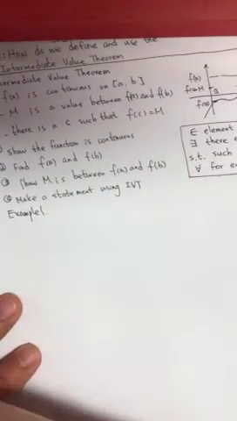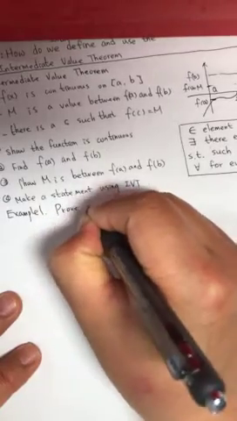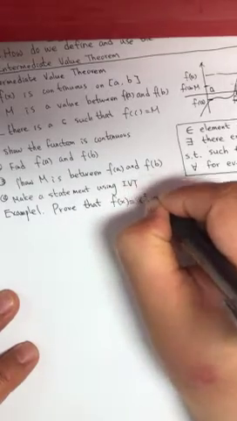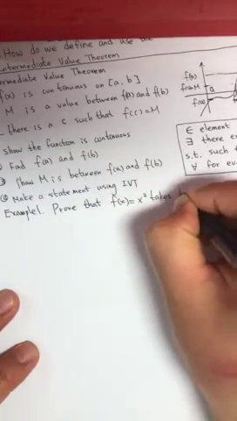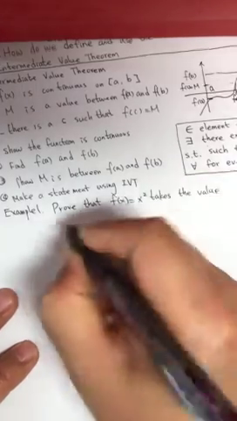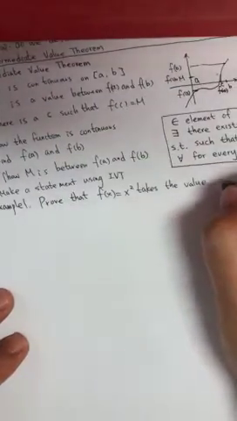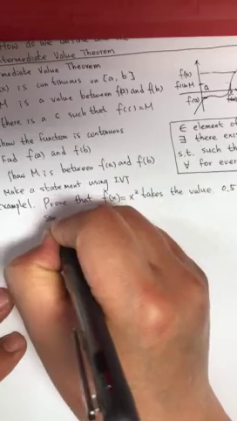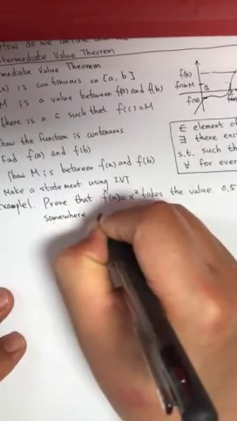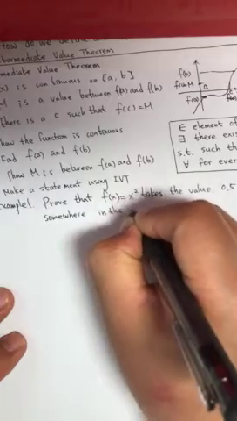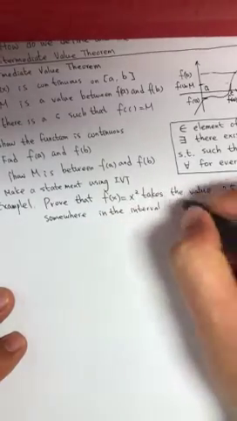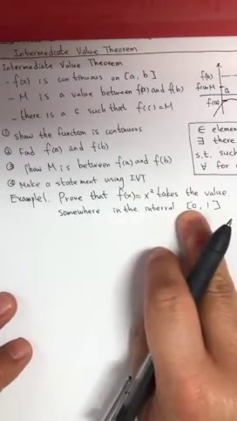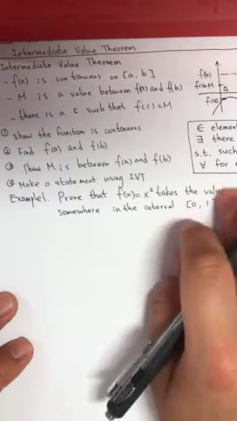Show that f of x equals x squared takes on the value 0.5 somewhere in the interval between 0 and 1. So between x equals 0 and x equals 1, the function will have a value of 0.5.